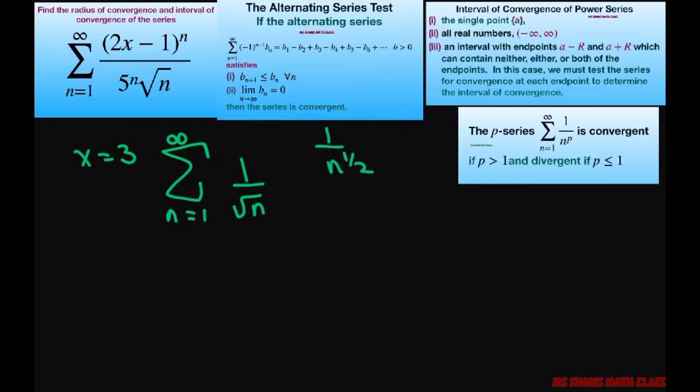Now this is convergent if p is greater than 1. Our p equals 1/2, which is not greater than 1. It's actually less than 1. So when x is 3, this is divergent.